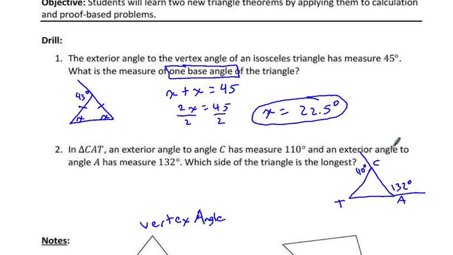We know that an exterior angle makes a linear pair with the interior angle, and so we subtract 180 degrees minus 110 degrees gives us the measure of angle C to be 70 degrees. 180 minus 132 gives us the measure of angle A, which is 48 degrees.